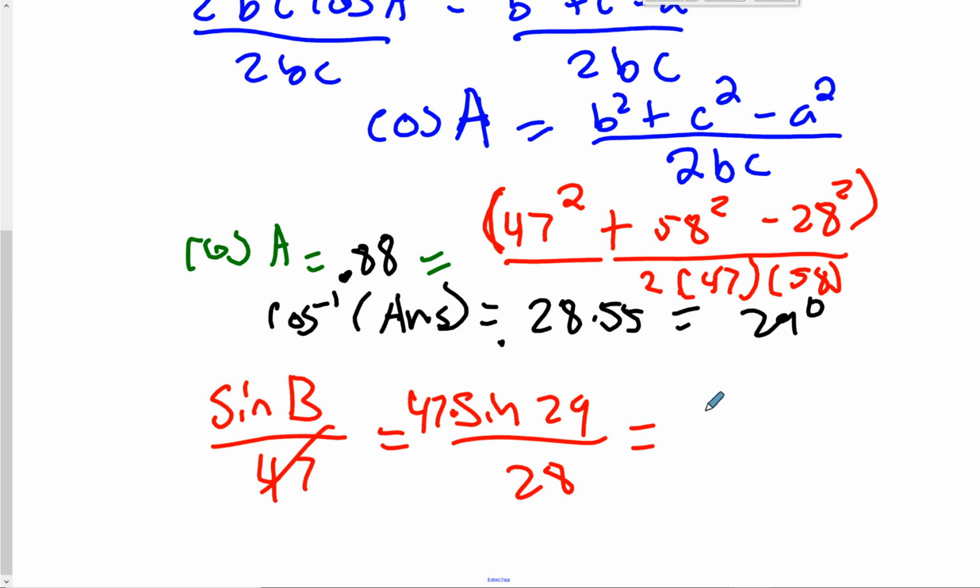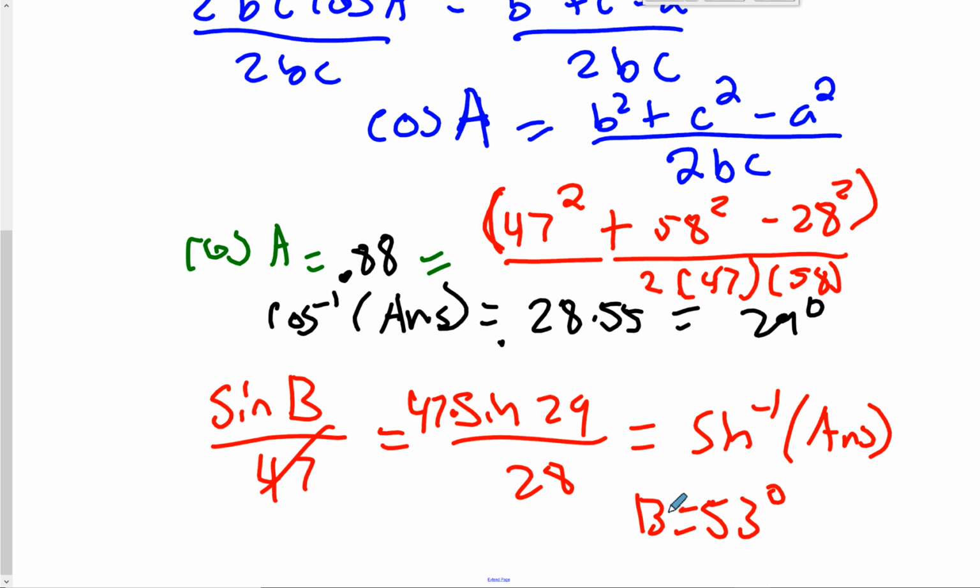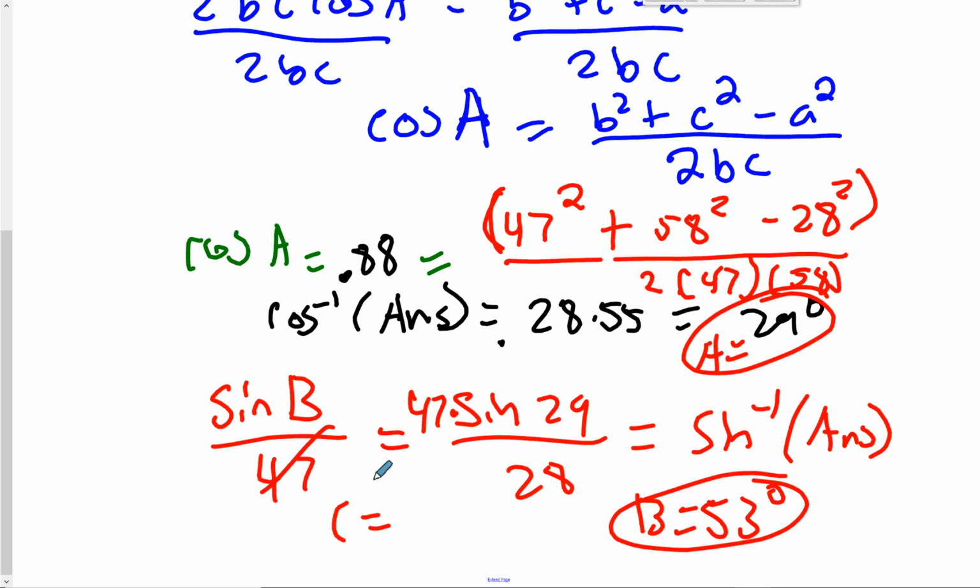And then I'm going to take the sine inverse of that answer. And so I get for angle B, I get 53 degrees. So now I just need angle C, so I can just add these two up. Here's angle A, here's angle B, and now I can just add those up and subtract from 180, and I get 98.